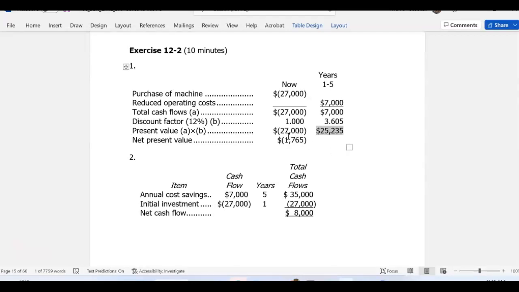And the machine that we are going to pay right now with a factor of 1 ends up to be $27,000. So $27,000 outflow, $25,000 inflow, and that gives us a negative net present value. Net present value, if it's negative, it's not acceptable. It should be at least 0 or positive, but not negative. If negative, the project is not acceptable.